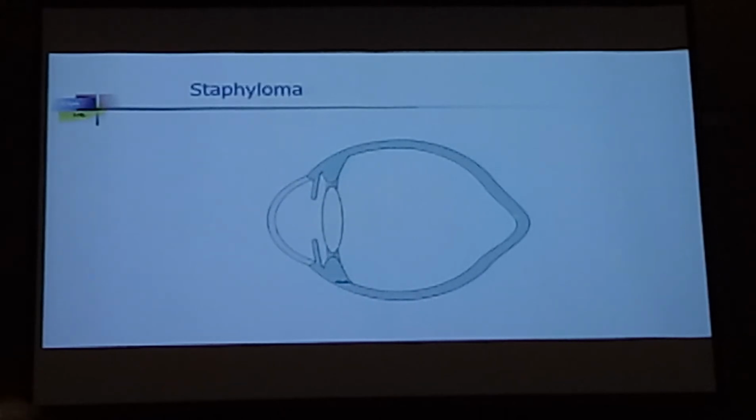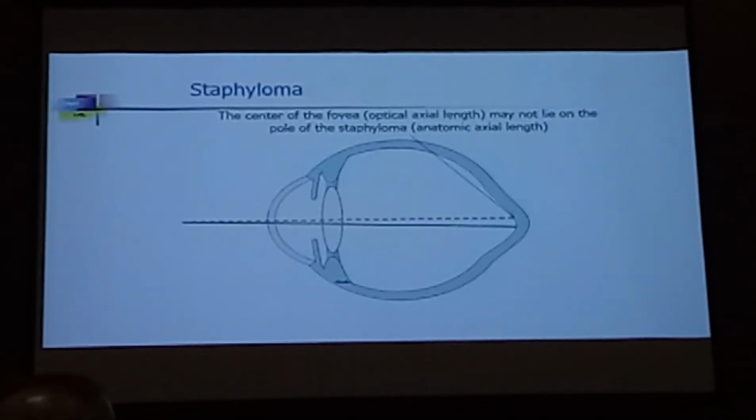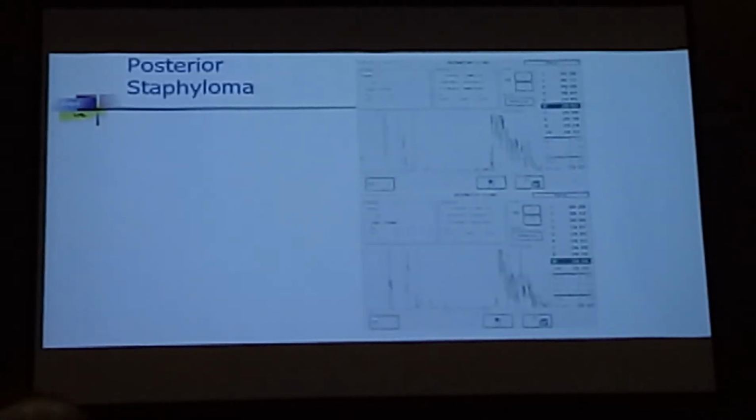Staphyloma is another problem, because the staphyloma, the fovea need not be the most posterior part, and that becomes a challenge when you measure them, because in ultrasound you really have to have a lot of experience. Alright, this is where it runs off very fast in the staphyloma because it's tilted.